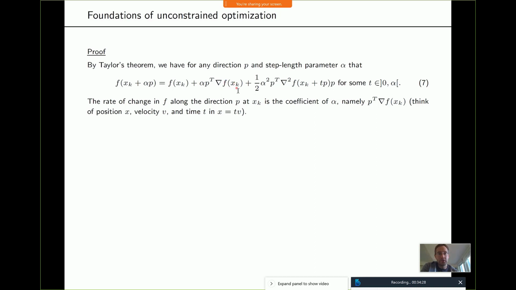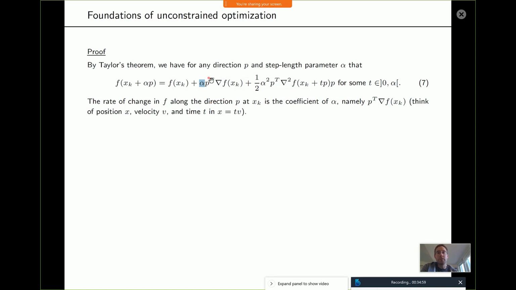The way I think about it is that if you think of x as position, then of course the position is given by the product of time and velocity. So it's the first order term in time, and time, so how long you do this, is this alpha parameter.